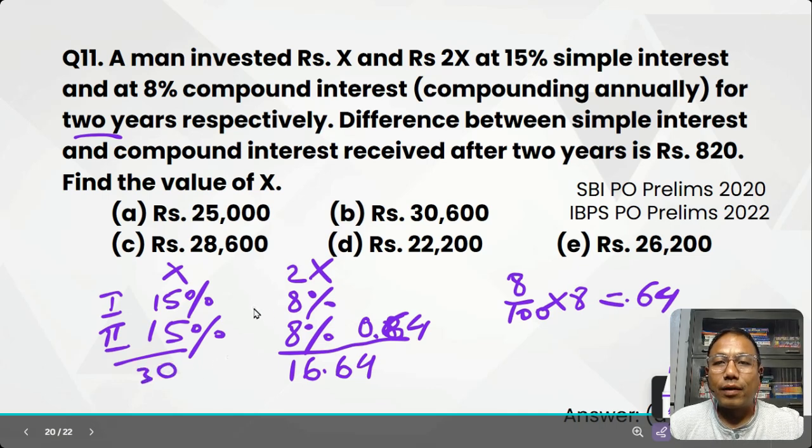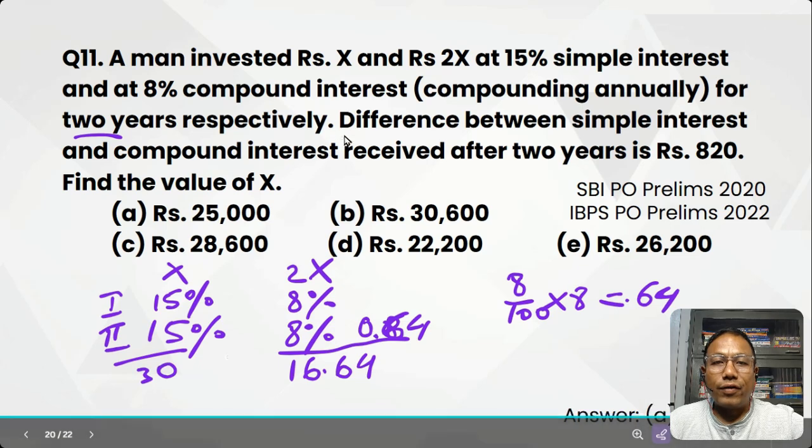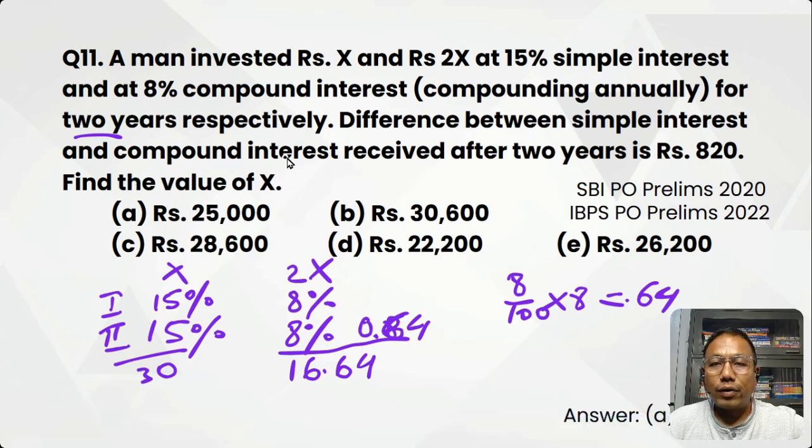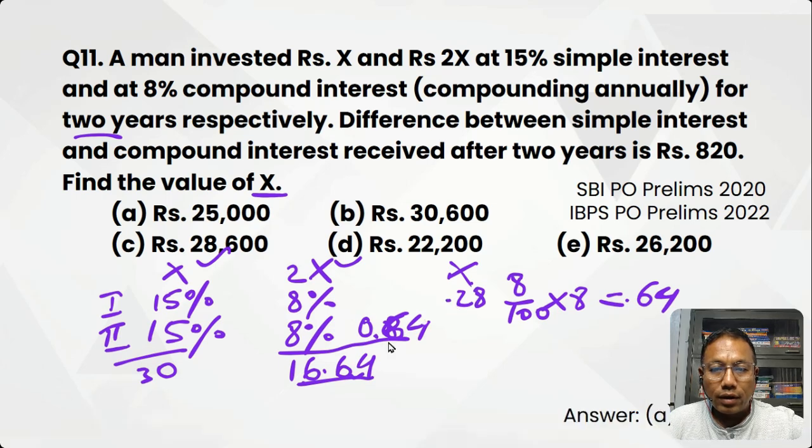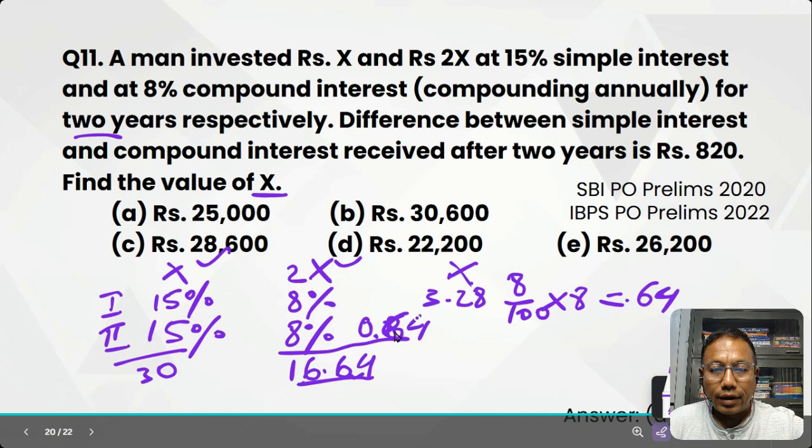What is the capital? Difference between simple interest and compound interest received after 2 years is 820. Find the value of x. This is x. I'll make this equal to x, okay? When this is x, this will be double, right? Multiply with 2. 4 twos are 8, 6 twos are 12, 2 in hand, 6 twos are 12, 1 in hand, 13, 1 in hand, 2 ones are 2, 3.